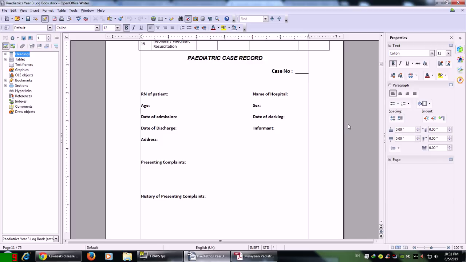The first one, of course, is you need to identify the biodata, the demographic profile. The first component is the real name of the patient, as you can see here: the name of the patient, what hospital you come from, the patient's age, the patient's sex, the date of admission, date of clocking, and also the date of discharge, and also who is the informant, the source of the referral, the address, and also the transport.